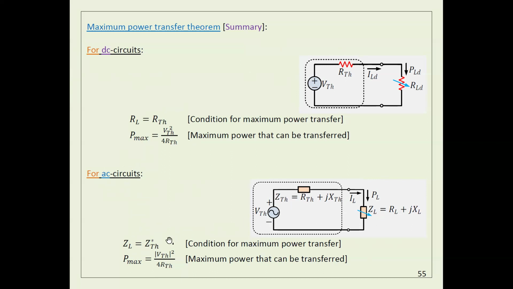This is the only difference. Here it has to be the asterisk, so ZL should equal Z7 asterisk. And the maximum power should equal the magnitude of V7 squared divided by 4 R6.